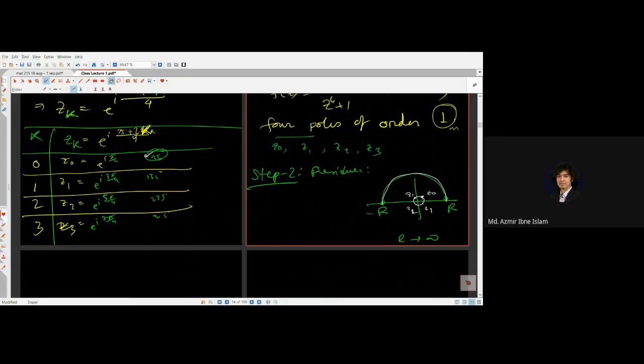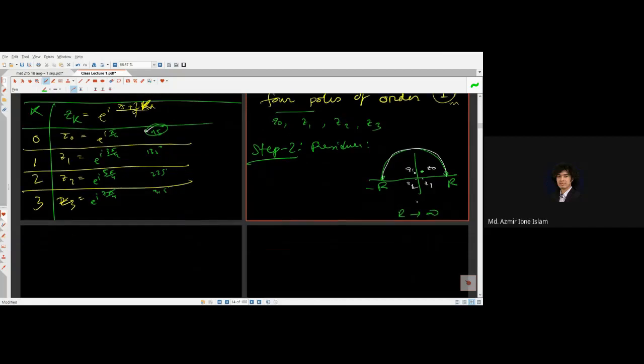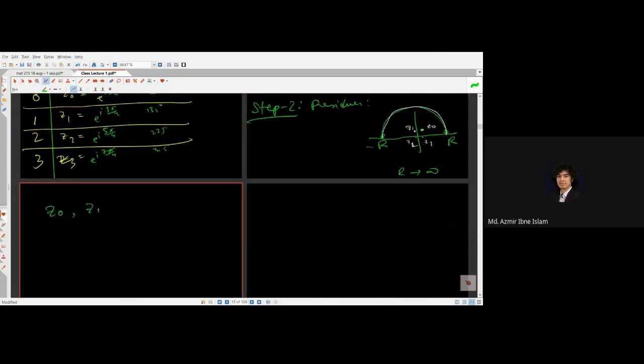So now you can think about, out of these 4, which are inside the contour? So z1 and z0. Only z0 and z1 are inside. See, z2, z3 are outside.